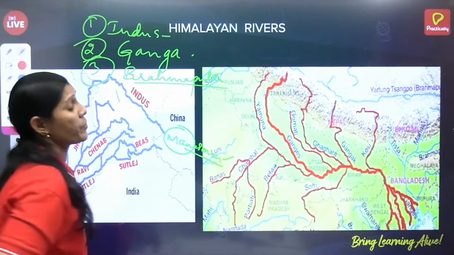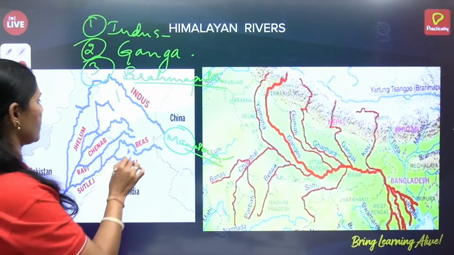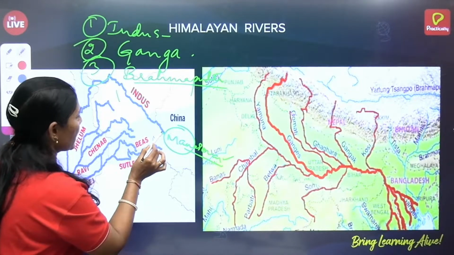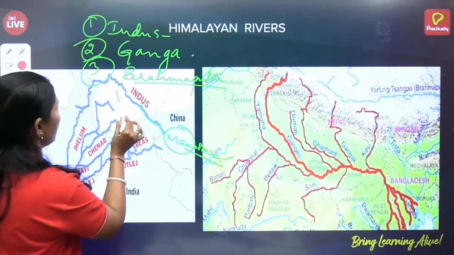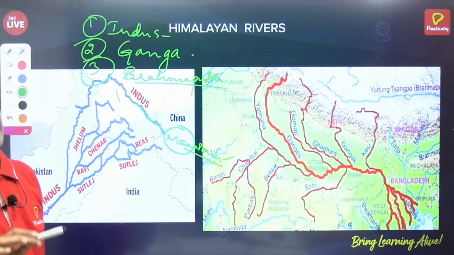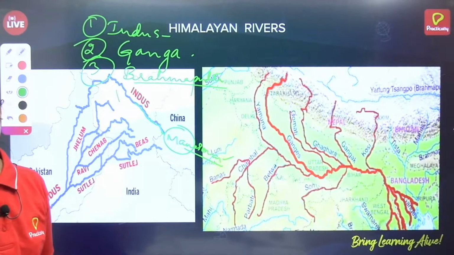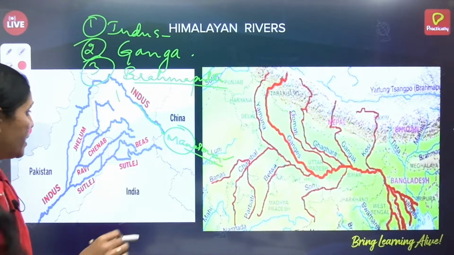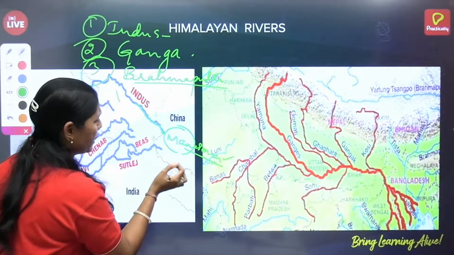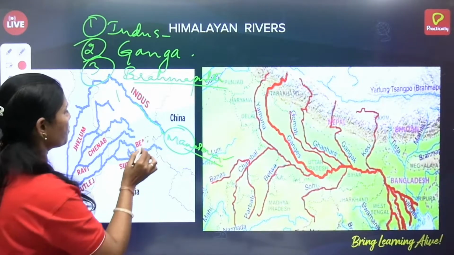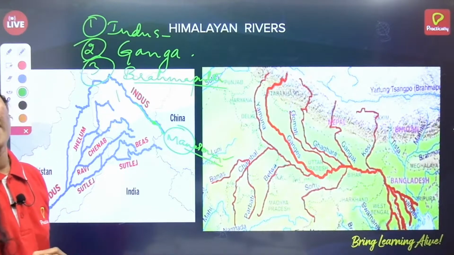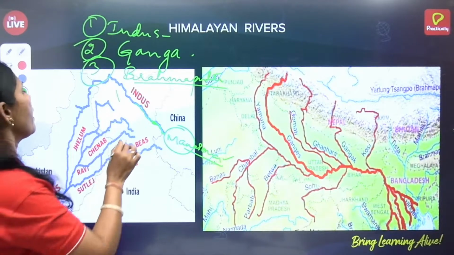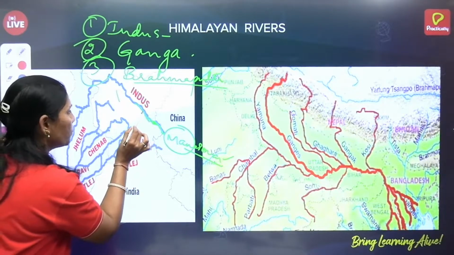From Manasarovar Lake the Indus starts its journey, and it enters the Ladakh region in India, that is in Jammu and Kashmir.